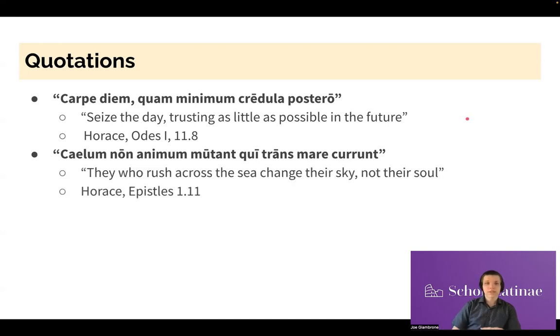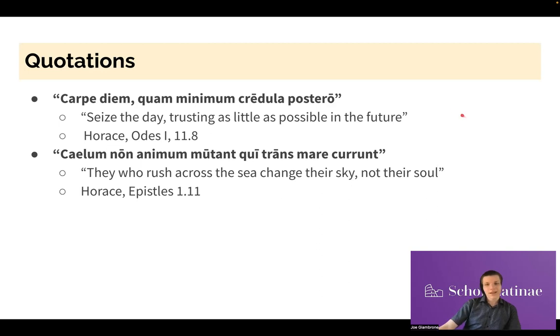This is also from Horace, from his epistles, and it's really a thought about how if you travel far and abroad, it doesn't change who you are. It might change where you are, right? So if you're moving somewhere, if you're going off to college, but you still stay really who you are at heart.